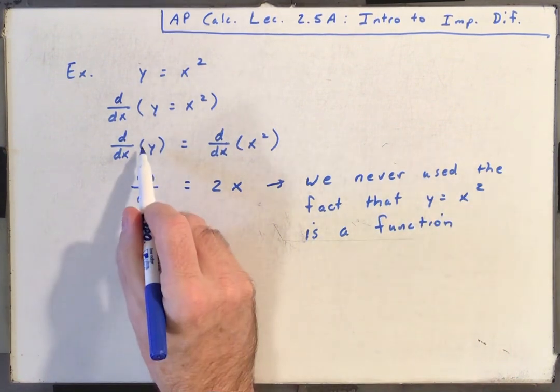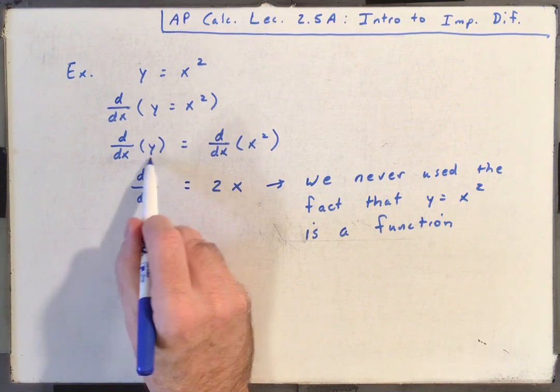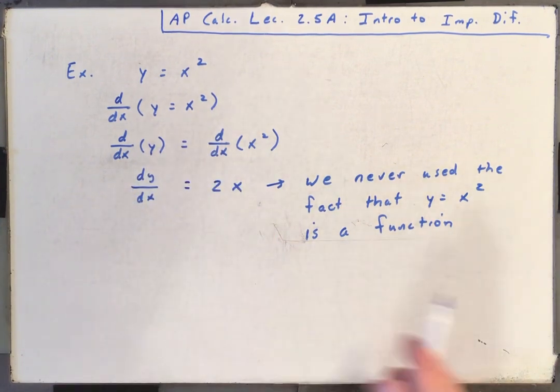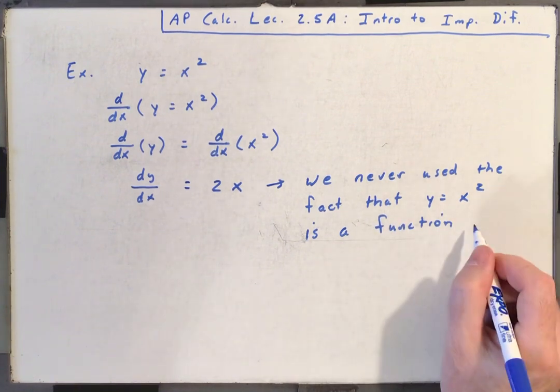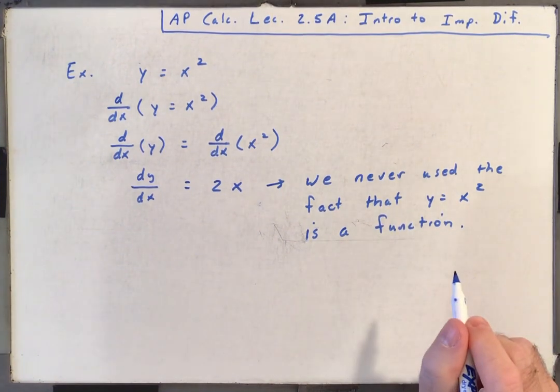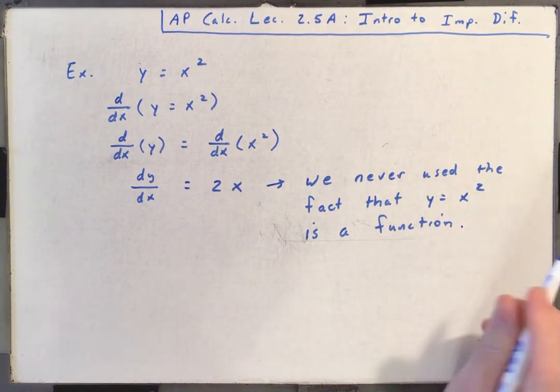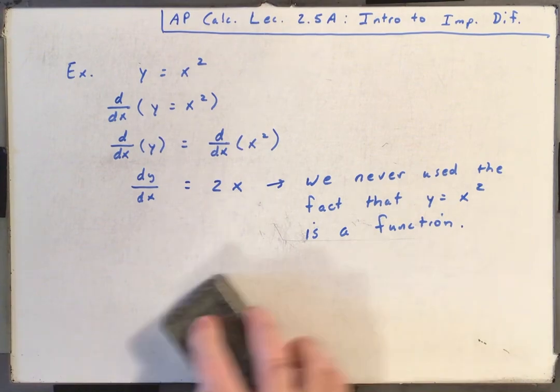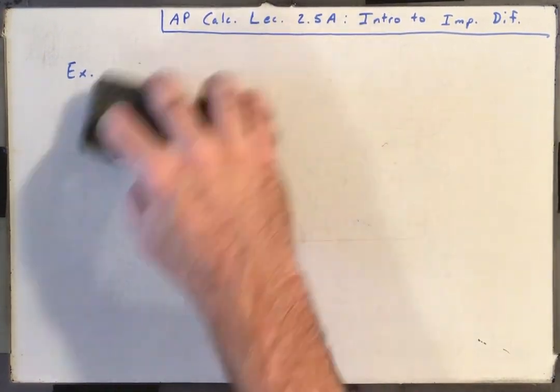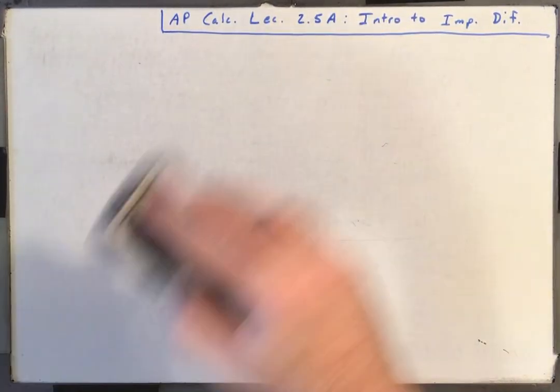When we did the intermediate step of taking the derivative of y in addition to x squared, then that works for relations as well. All right. So now let's go into some fancier examples so that you can do the homework.